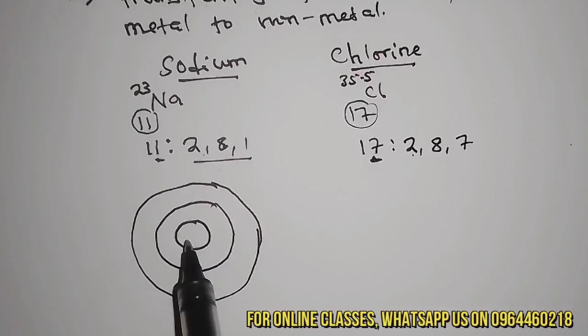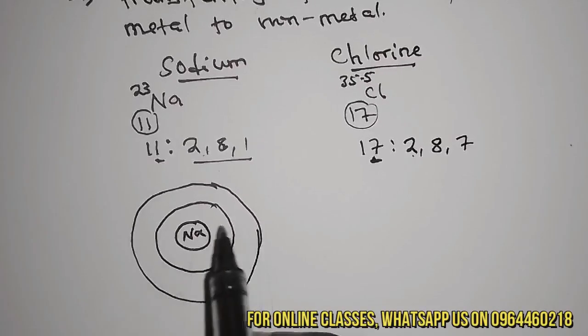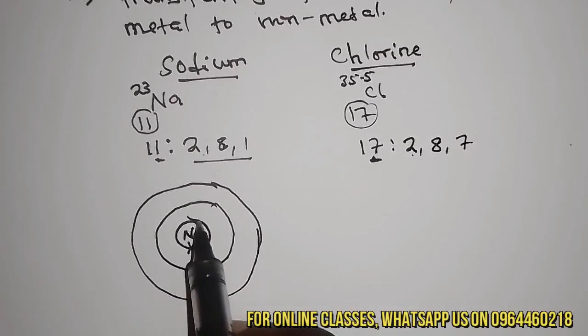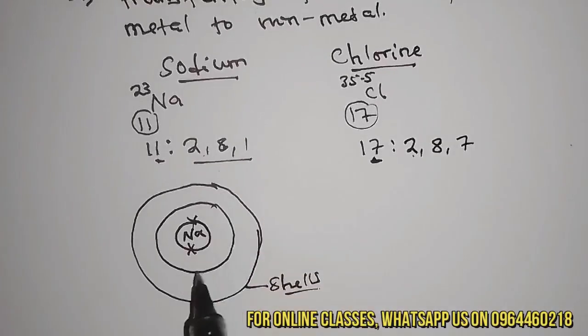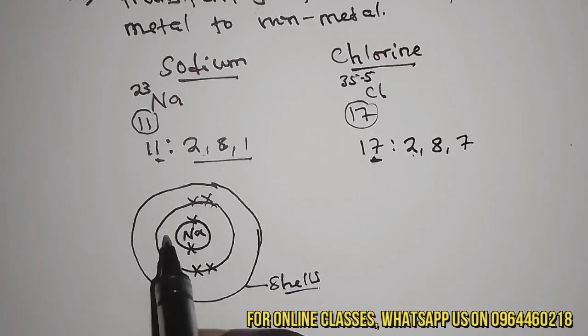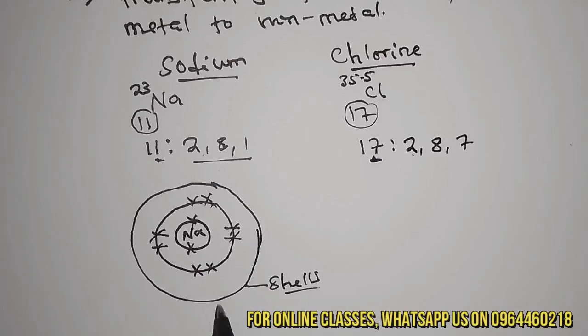At the middle you put the symbol of the element, and we are going to use the star for electrons. You have 2 in the first shell, and in the second you're going to have 8, and then in the last, bigger shell, we have just 1.